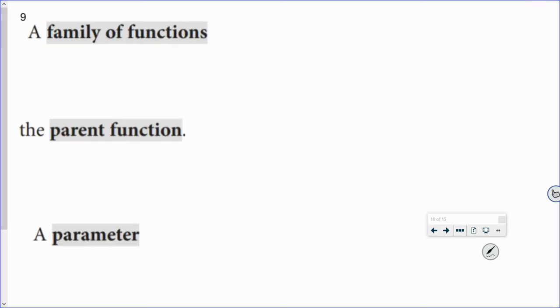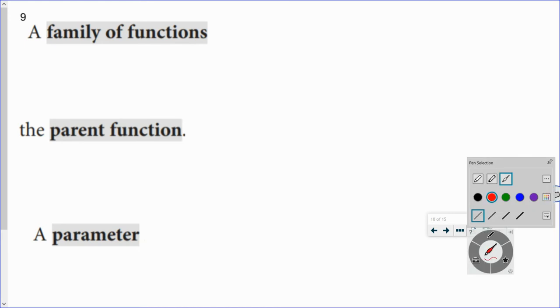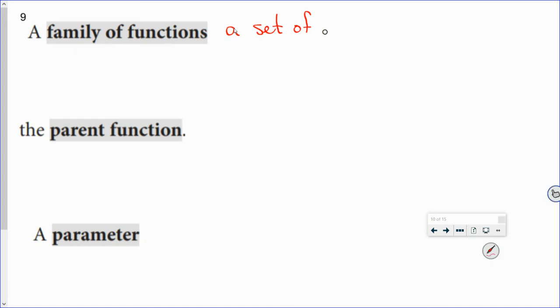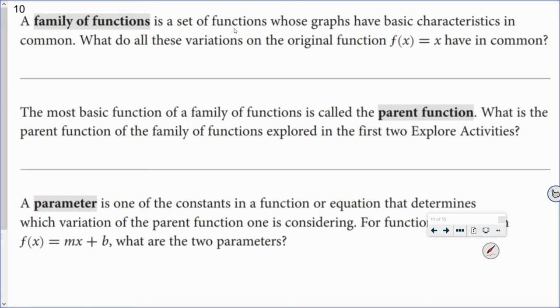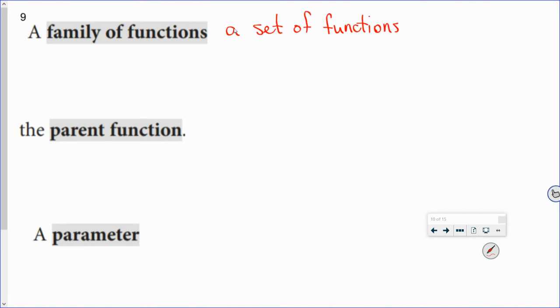But a family of functions is a set of functions that share some basic characteristics, okay?